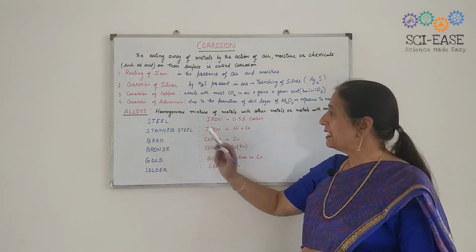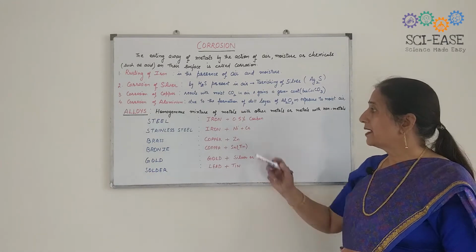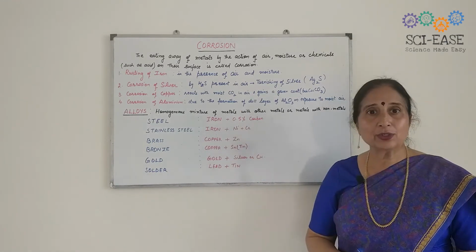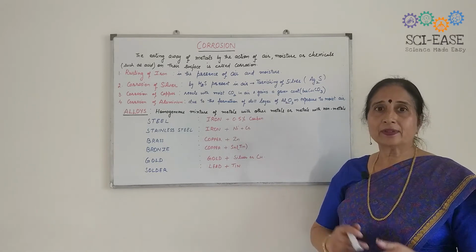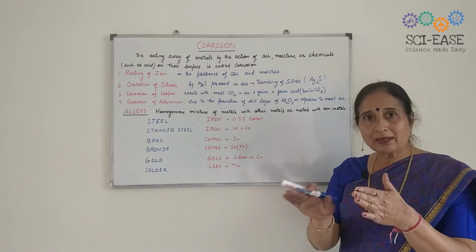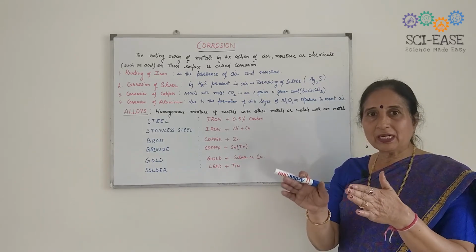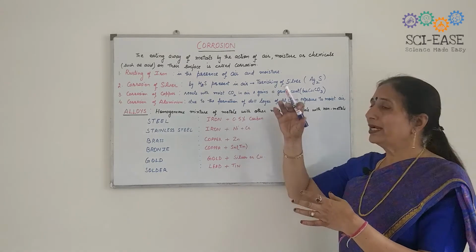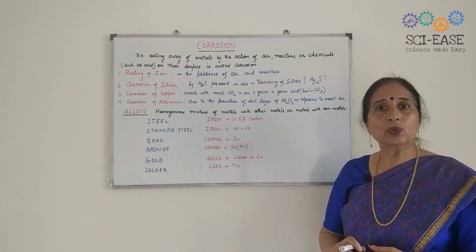In the same way, in stainless steel, 18% nickel and chromium is added to iron. The main component is iron. First that is melted, and then the other components are added to it.